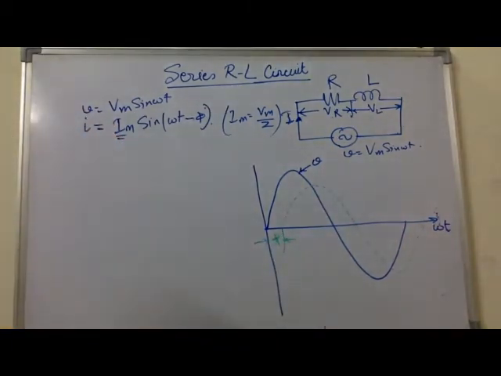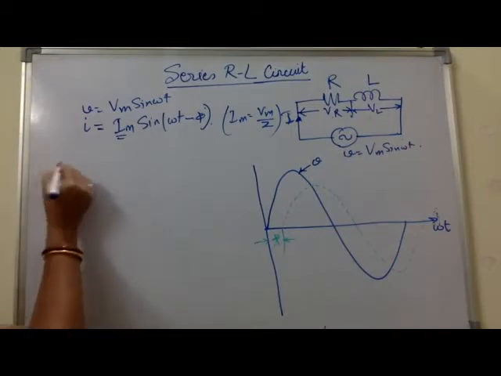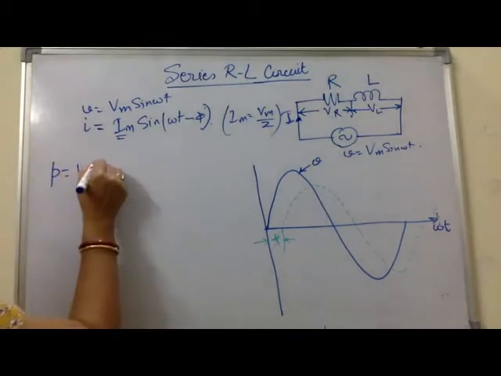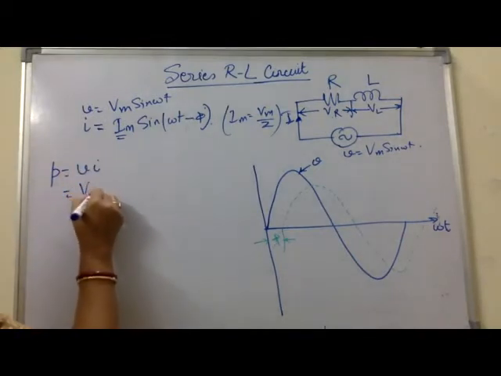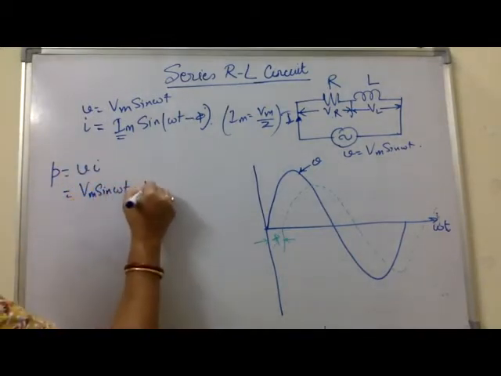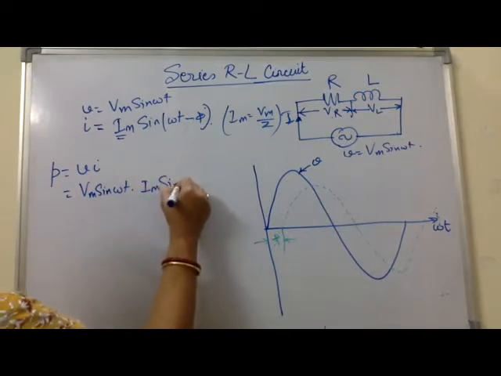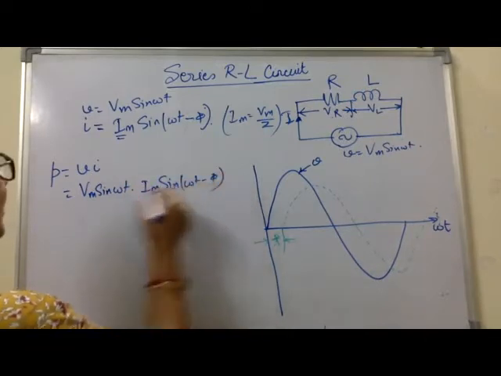Now, if you calculate the instantaneous power, the instantaneous power P will be V into I, that is Vm sin omega t into Im sin omega t minus phi.